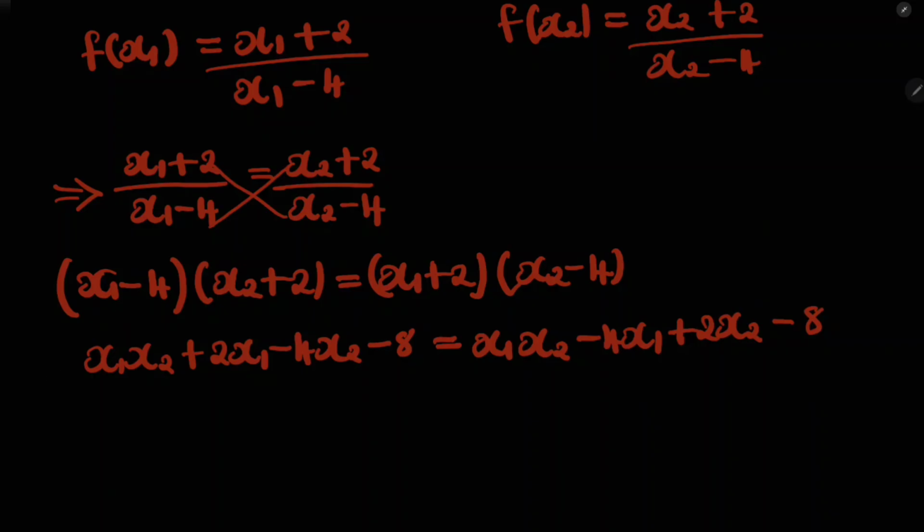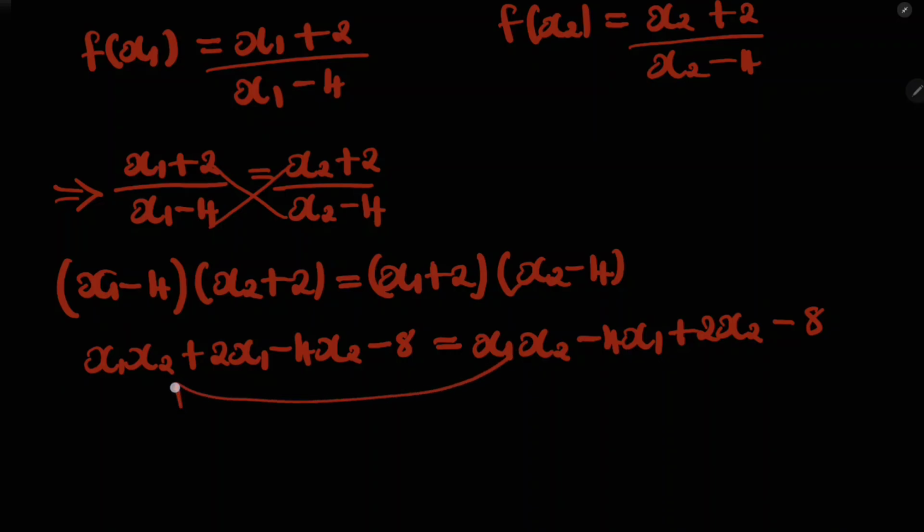If we observe closely, we have x1x2 here and x1x2 here. If this crosses over, its sign will change, because initially it has a positive sign, so we will have x1x2 minus x1x2. So let me show you what I'm talking about.